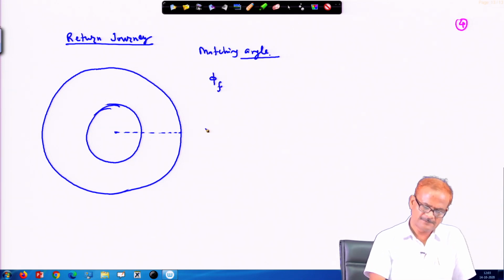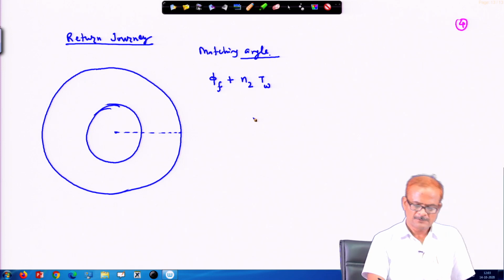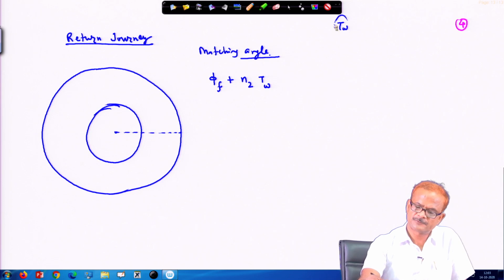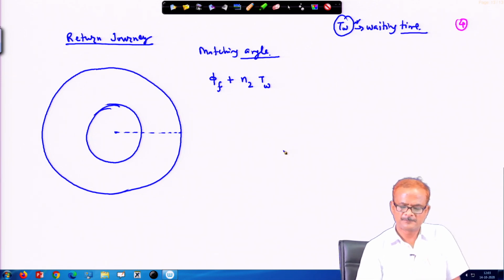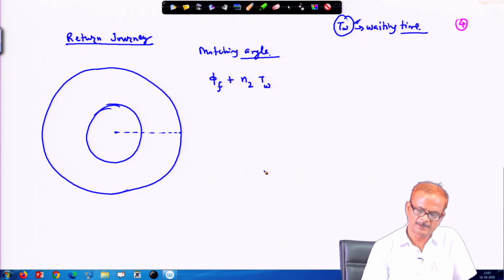So, phi f the initial phase difference and then n 2 times t w. So, now the same thing happens in the return journey, you have to wait for certain time. So, this we are writing as the wait time, the waiting time. You cannot immediately get back from planet 2 to planet 1. So, n 2 times t w, this is your angle covered during the waiting time by 2.